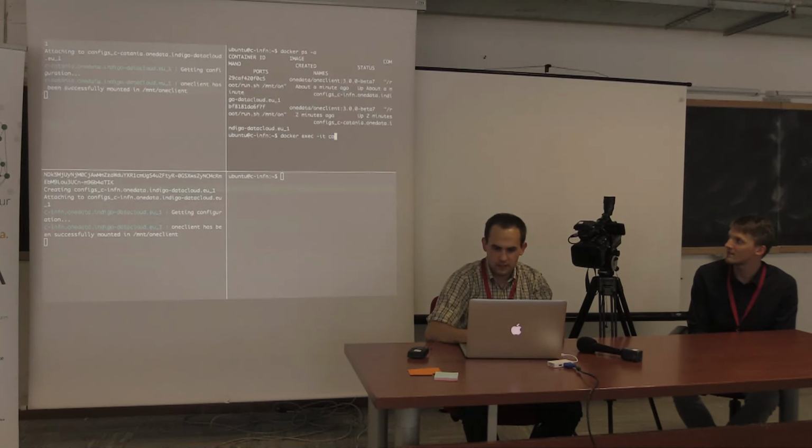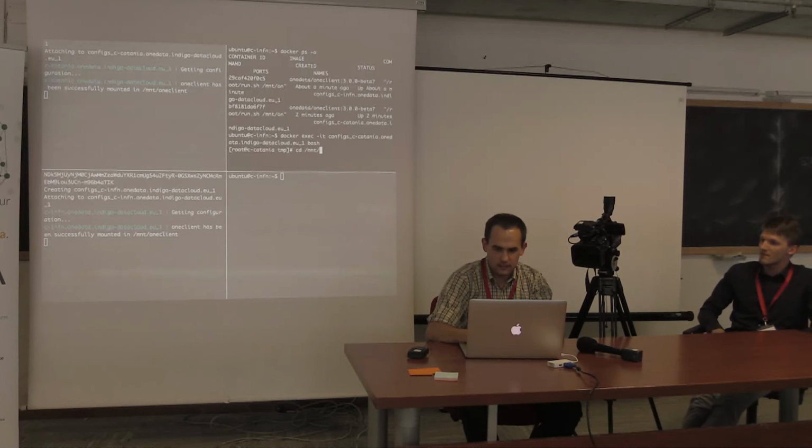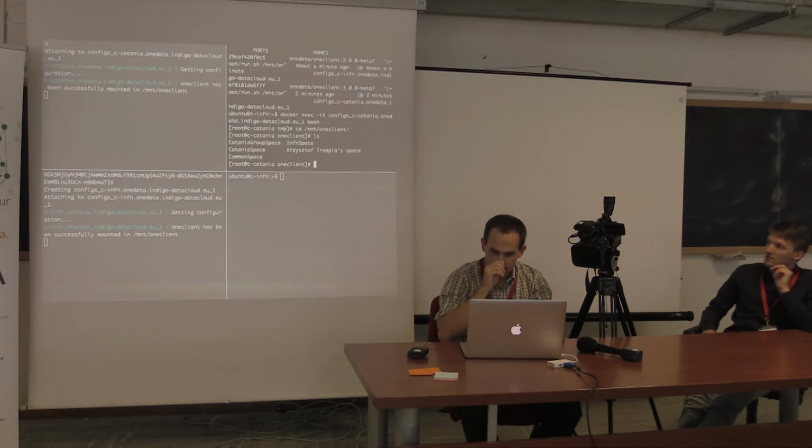I will specify which one, so it will be Catania, and I want to exec there a bash. So now I can navigate to mnt/one client. This is the directory where the client has been mounted, and list the spaces that are available to me. I will attach to the other client.